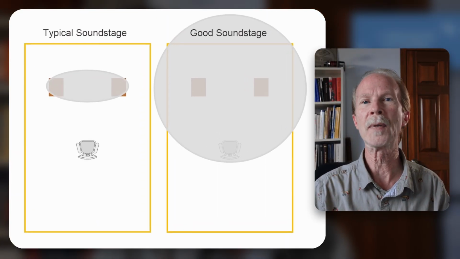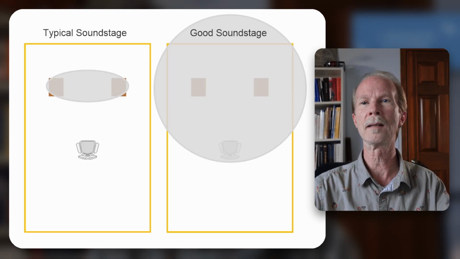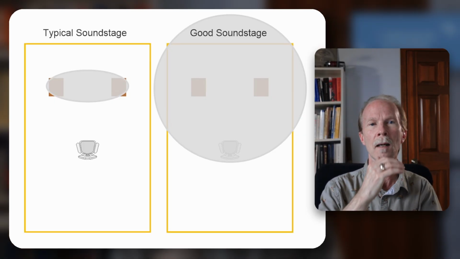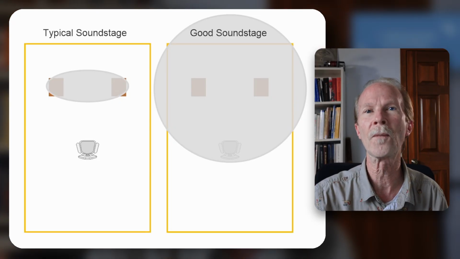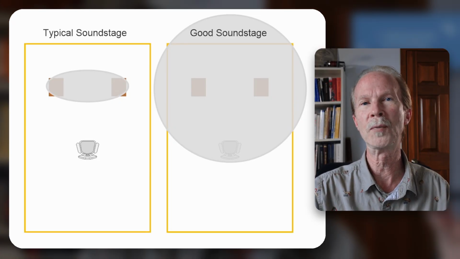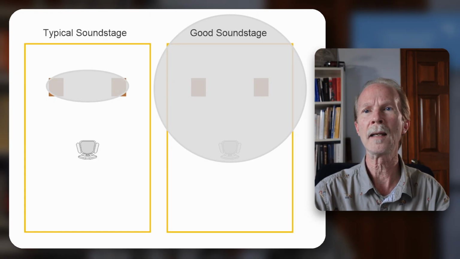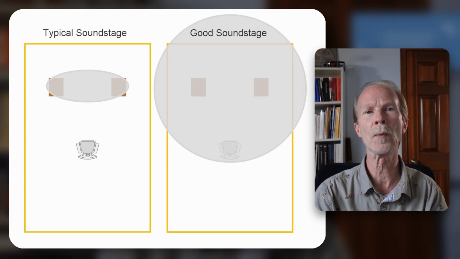Soundstage width, depth, and even height extend beyond the speakers or even the boundaries of the room. It's in front of, to the side of, and even behind the speakers, and yet it's also everywhere in between.